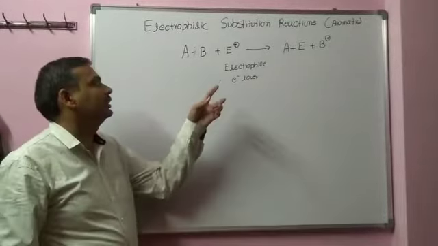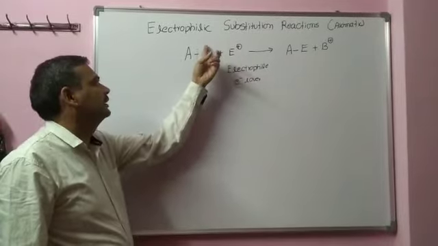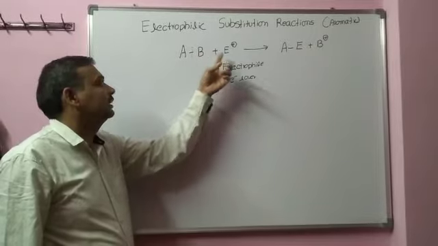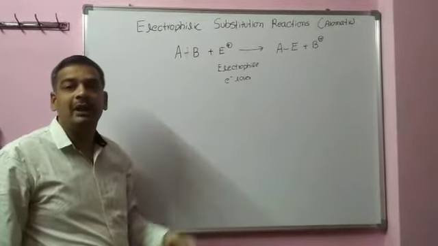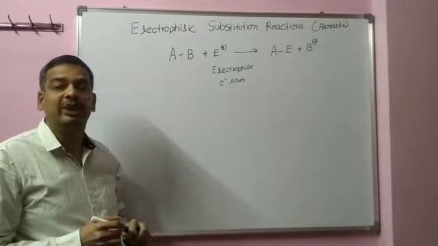In this electrophilic substitution reaction, what is happening? One electrophile is coming inside, another electrophile is going outside. One electrophile is substituting for the other electrophile. That's why this is an electrophilic substitution reaction.